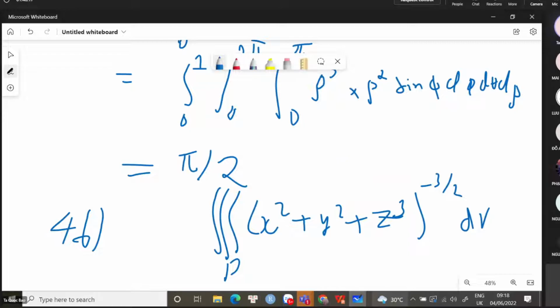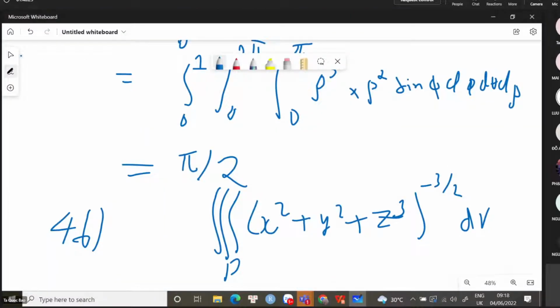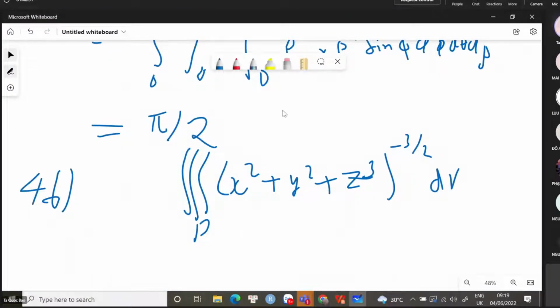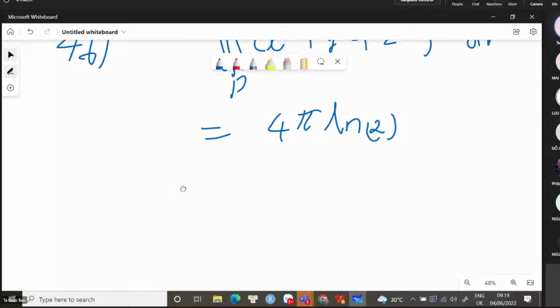And similarly, you use this change of variables, x like this, and y like this, and z like this. And then finally, this becomes a triple integration, and you get the final result 4 pi. Okay. So the argument is quite similar to question 4a. Right? Any question?